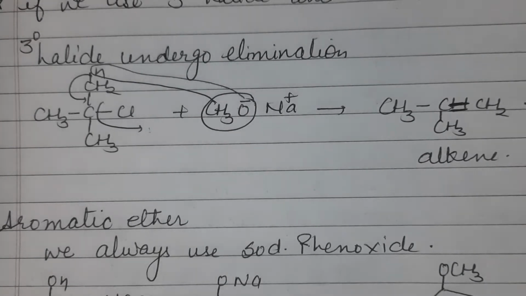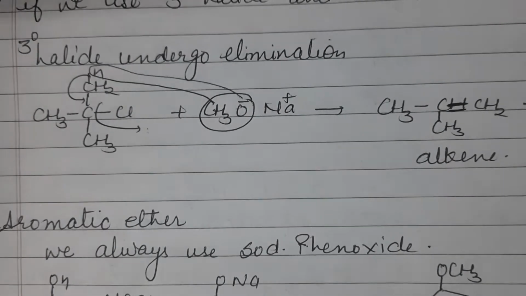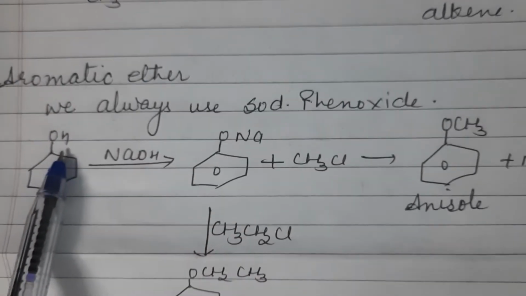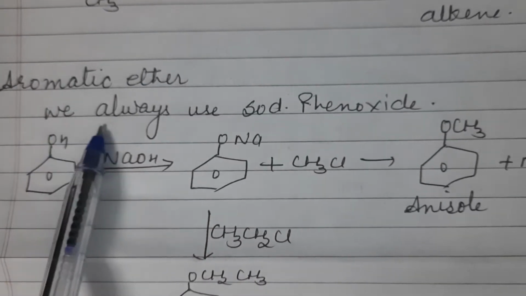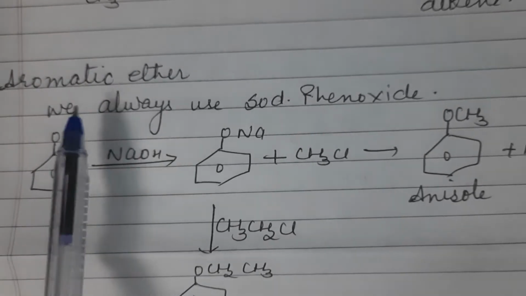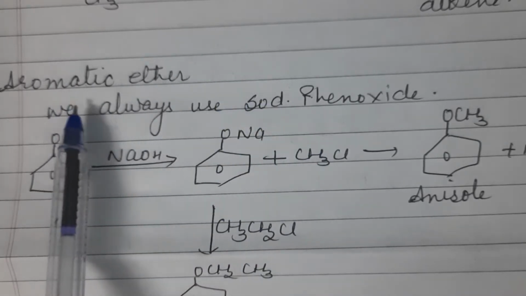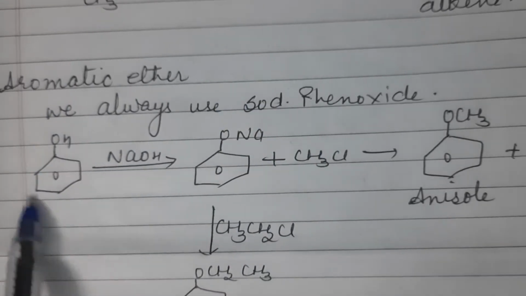Next is aromatic ether. Aromatic ether is one in which there is benzene attached with oxygen and R group. For aromatic ether, we always use sodium phenoxide ion.